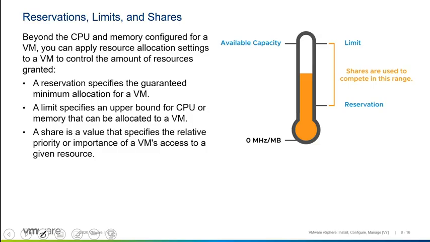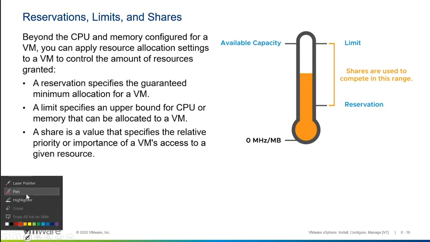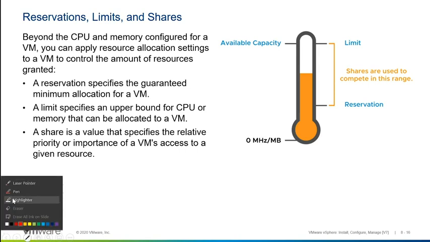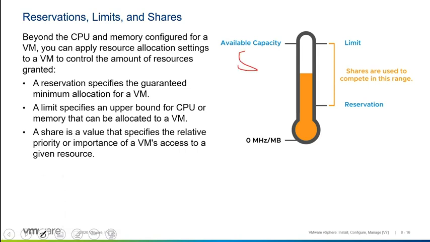Let's start with the actual allocation of, in this case, memory. We'll look at memory, okay? And we'll define this. If the total available capacity, say for example, is 8 gigs of RAM for your virtual machine, then by default, ESXi guarantees nothing to the virtual machine.